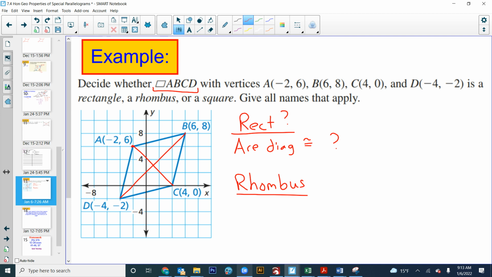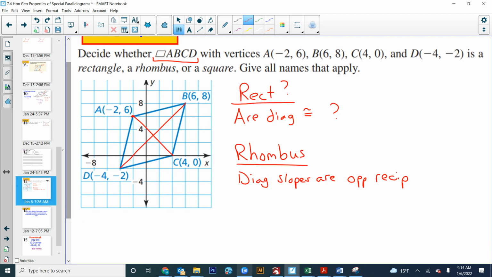Could I show these diagonals are perpendicular or not? Yeah, the slopes of the diagonals are what? Opposite reciprocals, like 3/2 and -2/3.